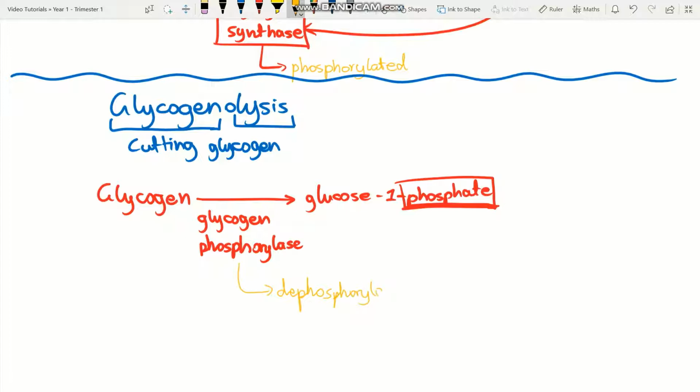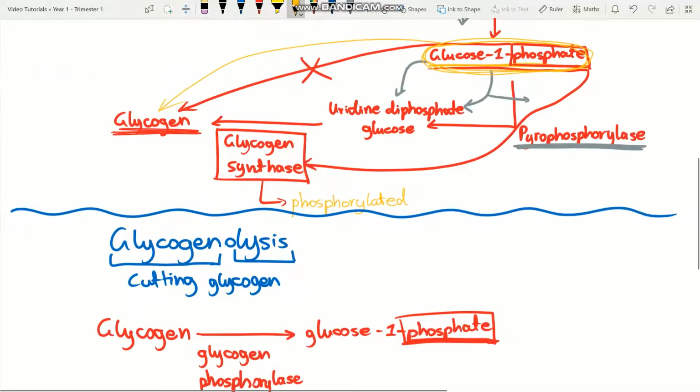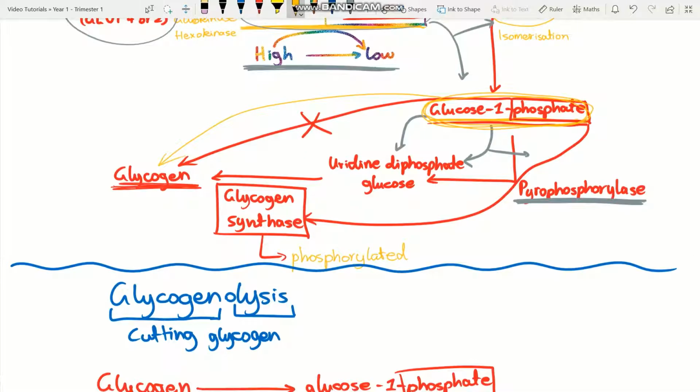Now, it's okay if this doesn't make sense the first time. Practice is the key, but you just have to remember that because there's a phosphate molecule already present here, we essentially just want to take it off and donate it to this glycogen synthase enzyme.